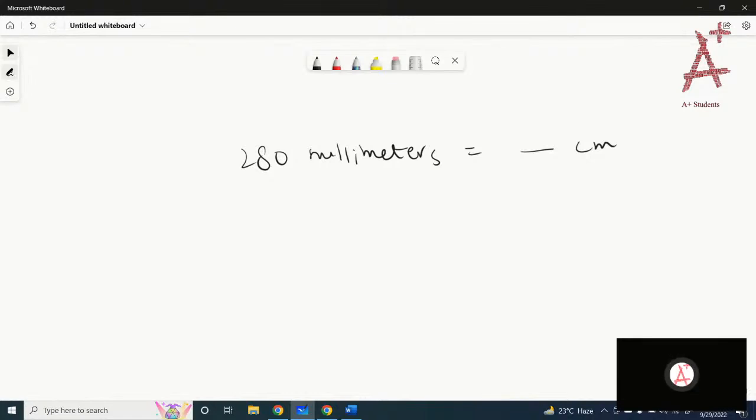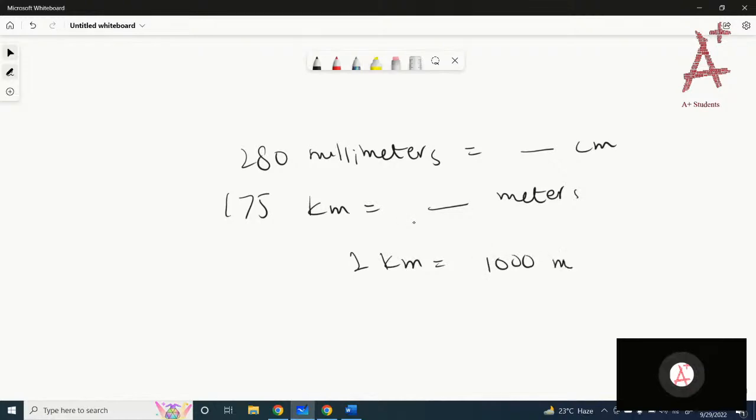Okay, the next one is 175 kilometers equals how many meters? In 1 kilometer, you have 1000 meters. So in 175 kilometers, how many meters do you have?